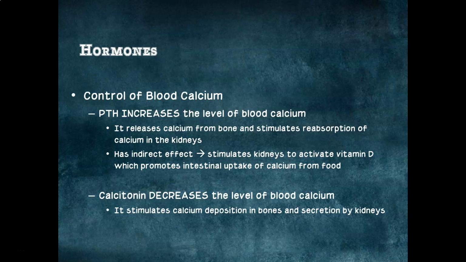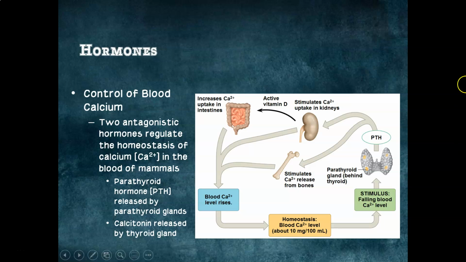So if we go back to this, calcium levels are lowering, so we're going to release this and stimulate the uptake so that we're hanging on to that calcium as we need it. But reverse this arrow, and the opposite would be true with the help of the calcitonin. As your blood calcium gets too high, we'll stimulate it to be set back into your bones, as well as for your kidneys to try and release it.